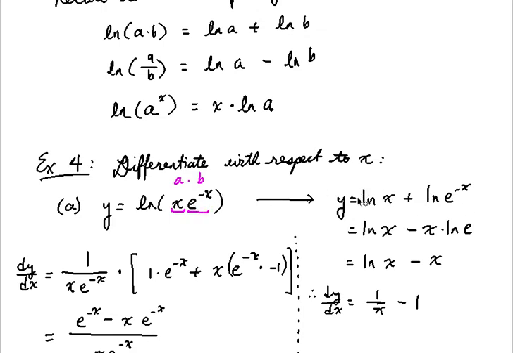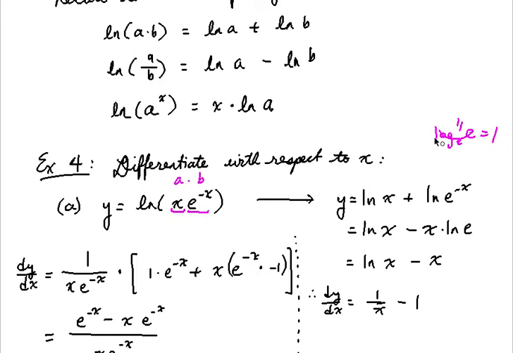Now this becomes a little bit simpler to work with because I have 2 terms which are a lot simpler. So I have natural log of x plus, and I can bring the exponent down to the front, and I end up with minus x ln of e. And what's ln of e? The natural log base e of e is just 1.